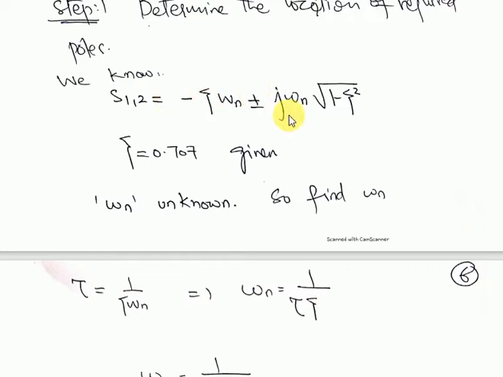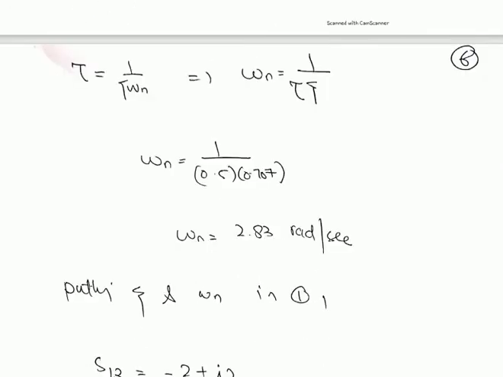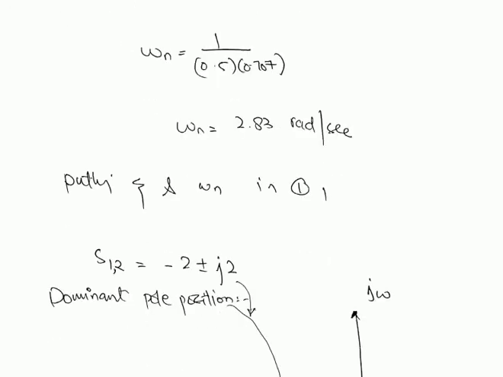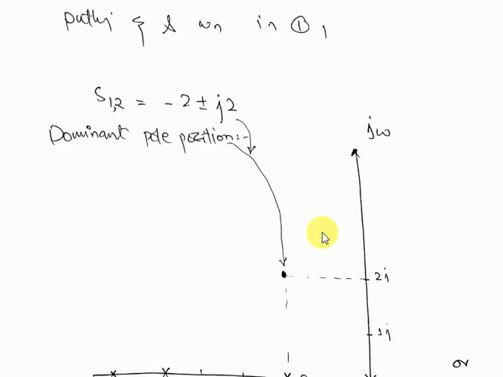By putting the value of zeta and omega n in this equation, we have the poles at minus 2 plus minus j2. We know these are two poles. One is at minus 2 plus j2 and the other is at minus 2 minus j2, because they are symmetric poles.